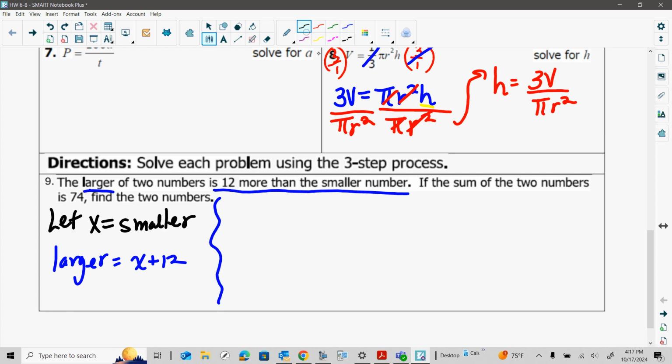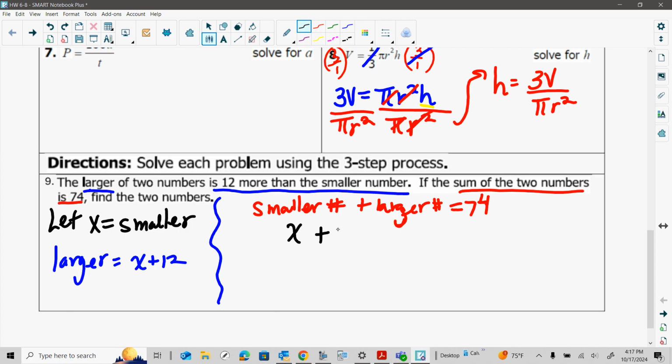Now we have to write an equation showing that the sum of the two numbers is 74. So the two numbers here are the smaller number plus the larger number. Sorry about the writing there. That's going to give the 74. Some of you went straight to the substitution. That's fine.